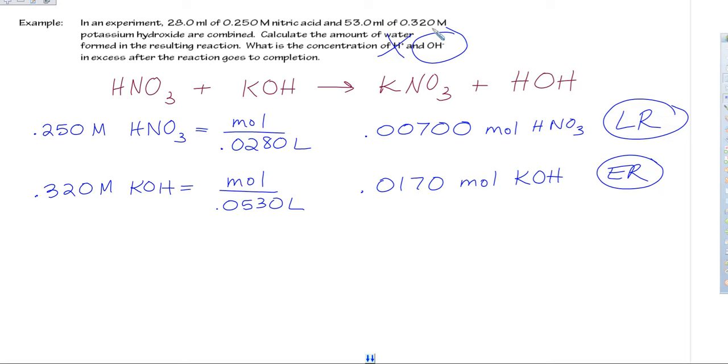All right, so the amount of water formed is dependent on the limiting reactant. Now, they don't specify a unit for the amount of water formed, but I think I can get around that. If we go 0.00700 moles of the limiting reactant, HNO3. When I do the stoichiometry, I'm always going limiting reactant to whatever I'm looking for. In this case, it's the water.